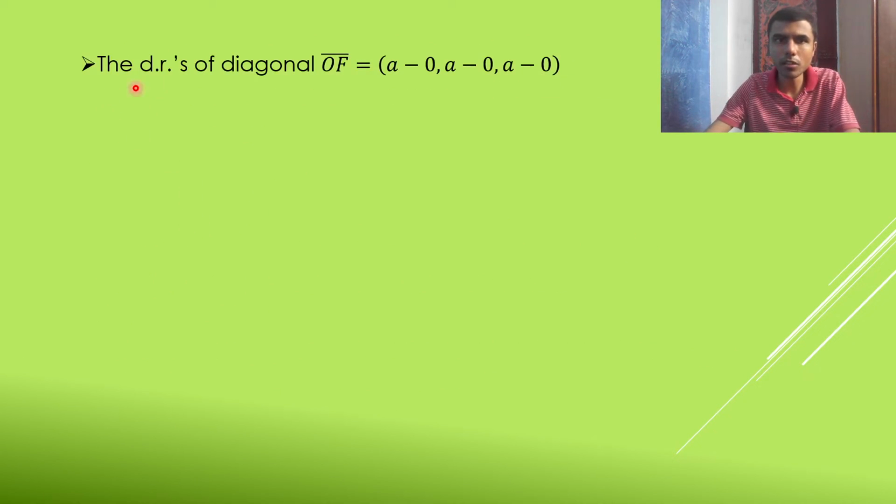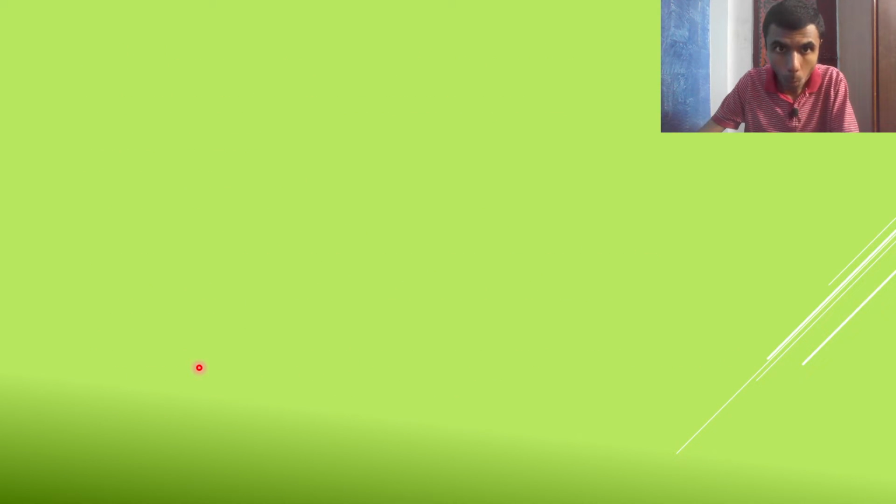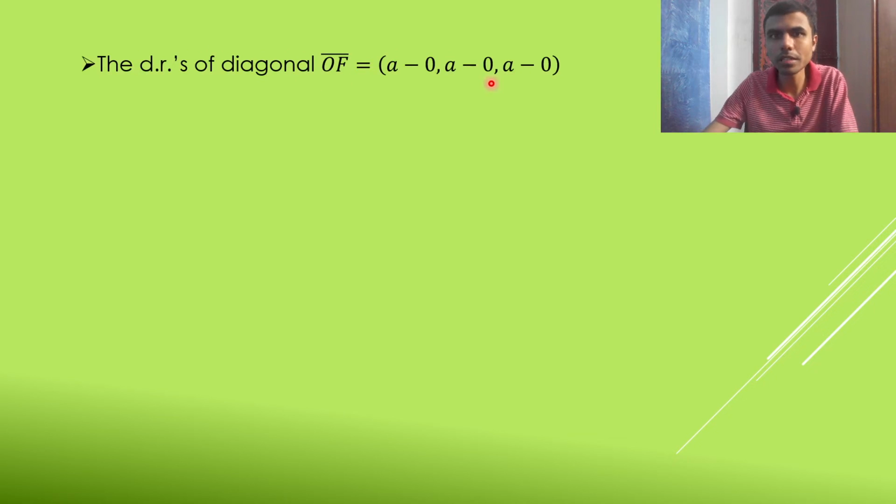First find out DCs of OF. To find out cos alpha, alpha is the angle between our ray and diagonal OF. So I can find out cos alpha very easily. I'll need DCs of diagonal OF, and DCs of the ray. DCs of the ray are already known, l, m, n, we assumed. Now I need to find out DCs of OF.